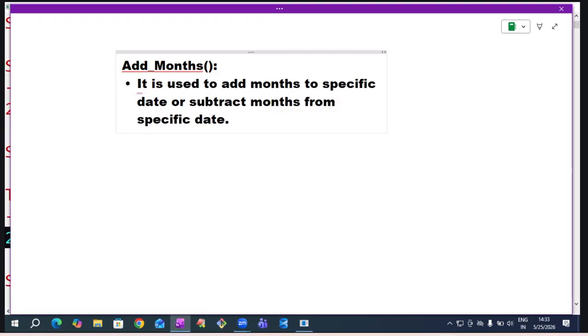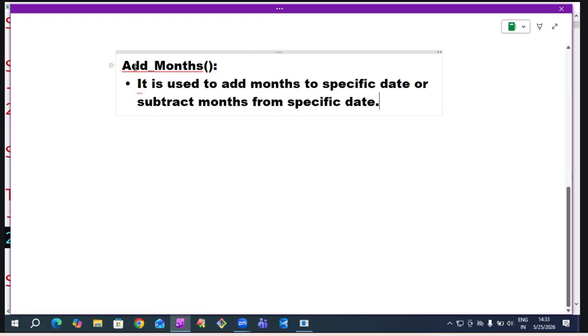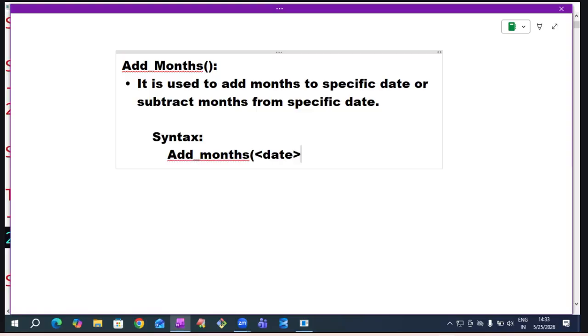If you want to add months to a specific date or subtract months from it, use add months only. For adding, add months only. For subtracting also, add months only. How to do it? Syntax is add months of. Here we give one date. To this date, how many months you want to add? Give that number of months here.